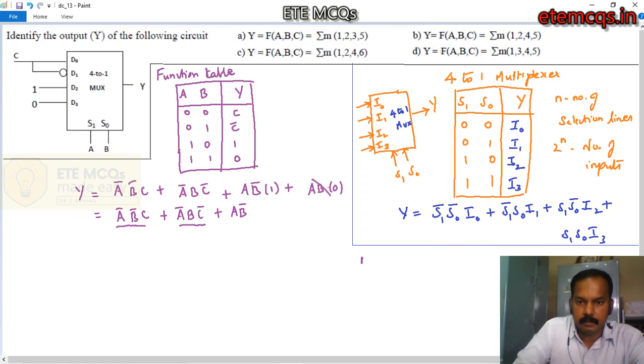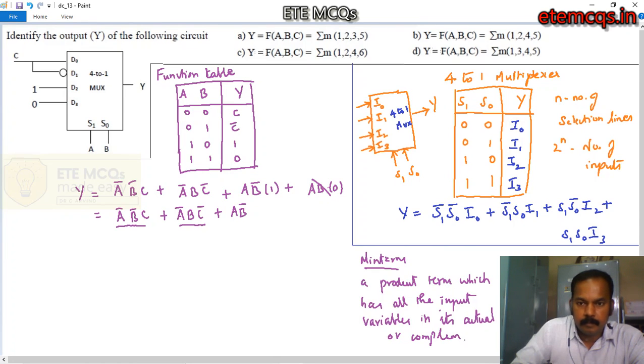That is your min term. You can notice this is a min term where A is 0, B is 0 and C is 1. And here A is 0, B is 1 and C is 0. Whereas here C is not available. The variable C is missing.